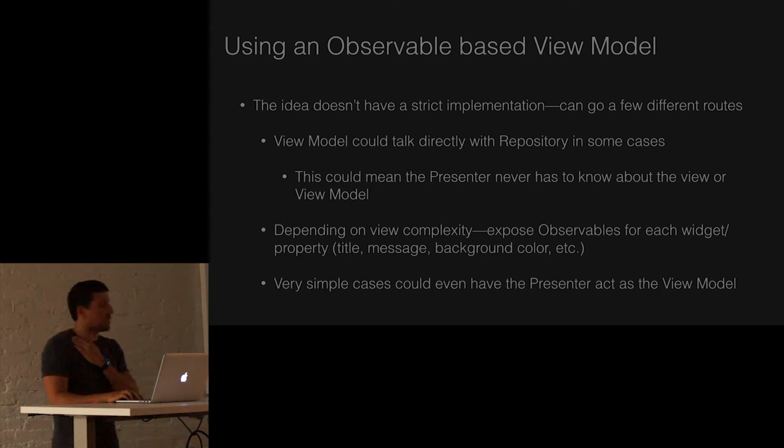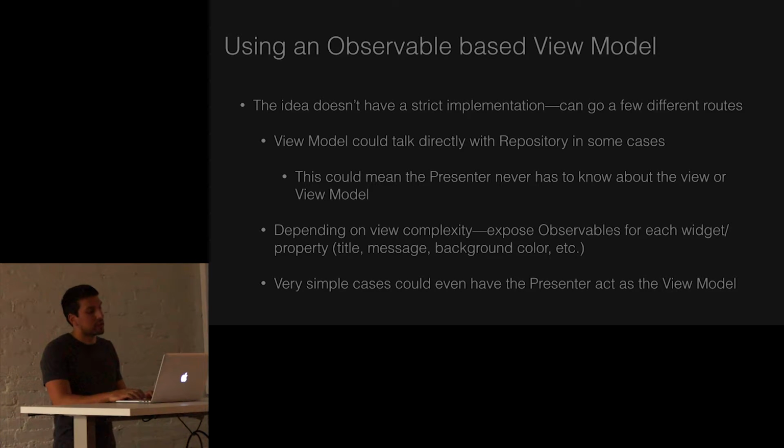And so there's not really a strict implementation. You can go, obviously, whichever works best for you. Like I said, the view model could talk directly to the repository, and the presenter would never have to even know about the view model. Depending on view complexity, you can either expose observables for each widget, or, like I said, you could expose an object and have the view disassemble that, but I don't think that's ideal.